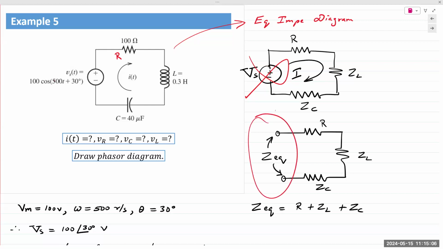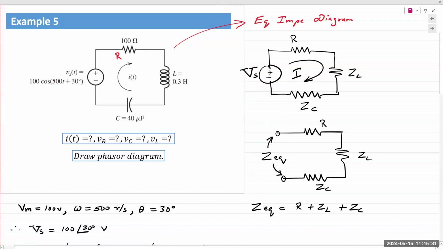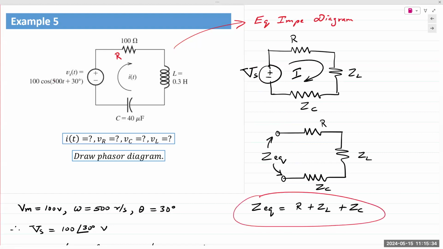You need to find the value for one single equivalent impedance as seen by the voltage source Vs. We are using the technique called series parallel equivalent analysis. I think homework number 7. Chapter 2, first technique that we saw, right? And that is what we're doing here. Finding ZEQ. And ZEQ depends on the circuit combination, on how the components are connected. Here it's connected in series, and so ZEQ is R plus ZL plus ZC. As straightforward as that.